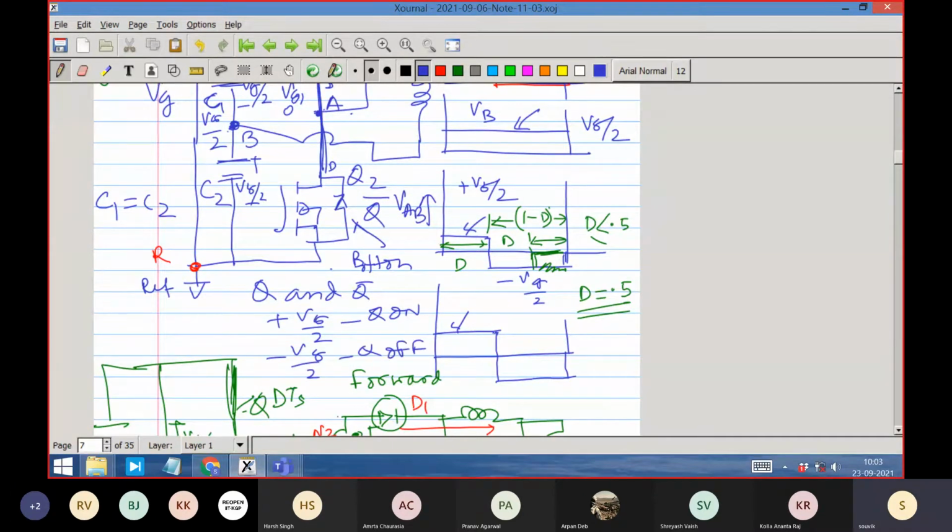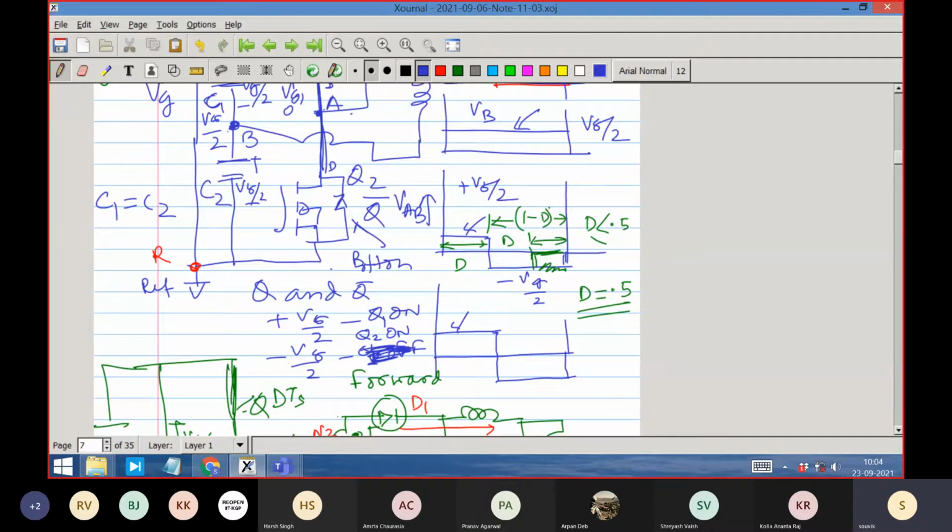Let us say Q1 off and Q2 on, but rather I will just call it Q2 on, so minus Vg by 2. If we want volt second balance, the positive voltage into time must be equal to the negative voltage into time.